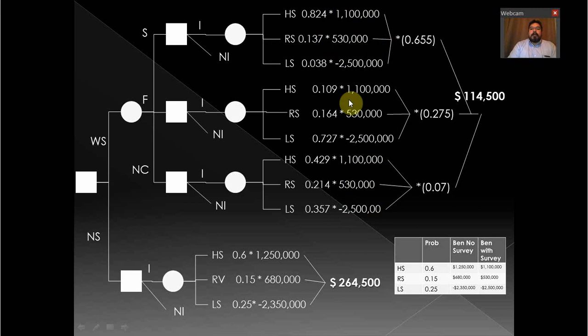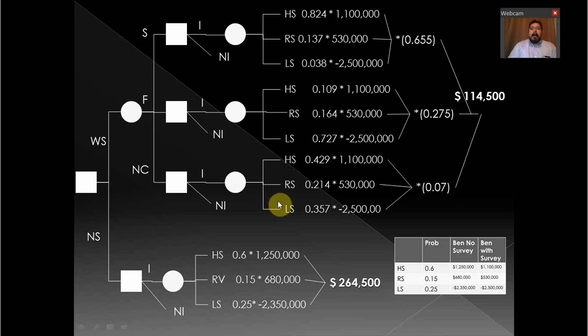Then, solving this part of each branch, we are going to multiply it by the probability of success, in this case of failure, in this part of the tree, and of non-conclusive results in the final part of these branches for the decision tree. Then we add these results, and we have an expected benefit of 114,500 pesos. This is the expected benefit with applying the survey.